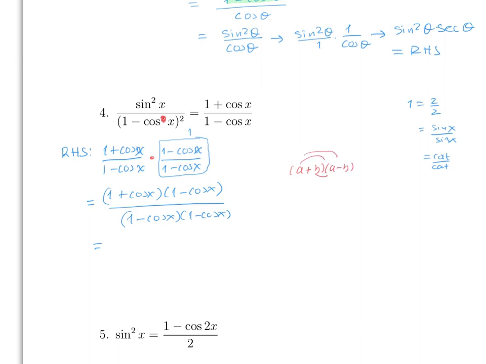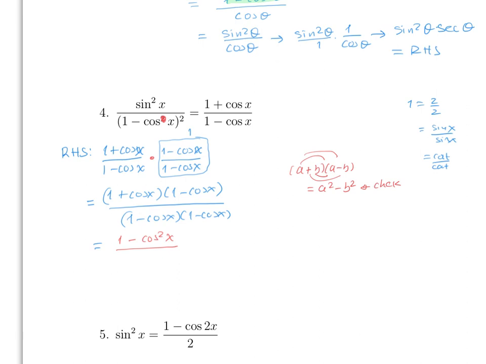This is a difference of squares, and you end up with just a squared minus b squared. You should really just check. That's just algebra. So therefore, on the top, you're going to have just 1 minus cosine squared x, which we already know is just sine squared.